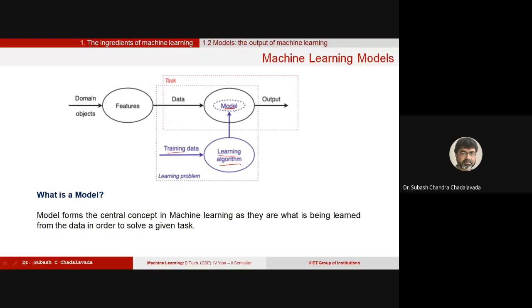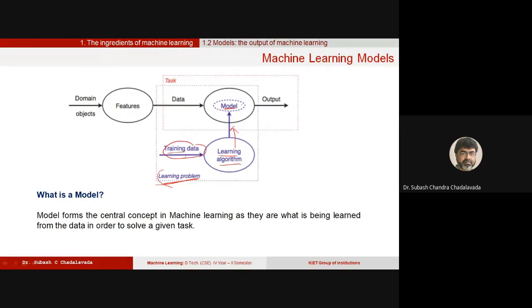This is because the model is what is learned from the data in order to solve the problem. So this is a learning problem. The model is derived from what we have learned from the data using our learning algorithm.